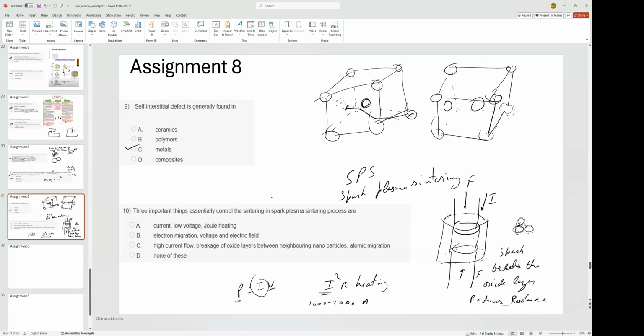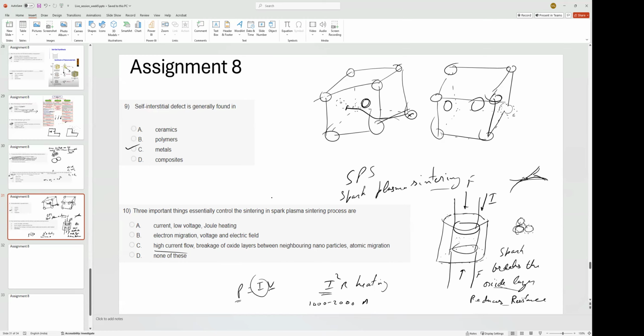This will also reduce the resistance, and once these oxide layers are removed, these particles can come into contact with each other and diffusion can start taking place, thus allowing sintering to take place. Okay.